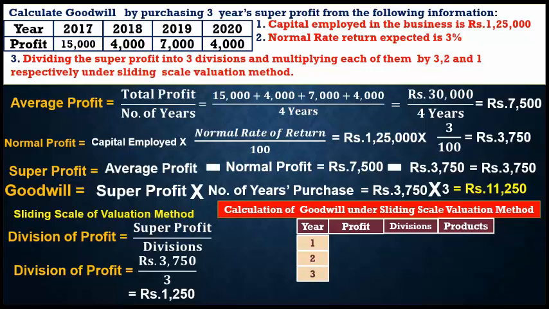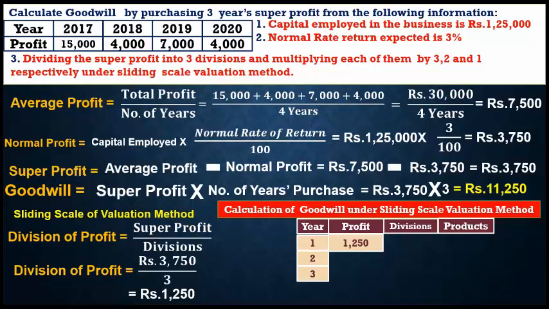Sorry, 3 years. 3 divisions already mentioned in this problem, means dividing the super profit into 3 divisions and multiplying each of them by 3, 2 and 1. That's how taken as 3, 2, 1.